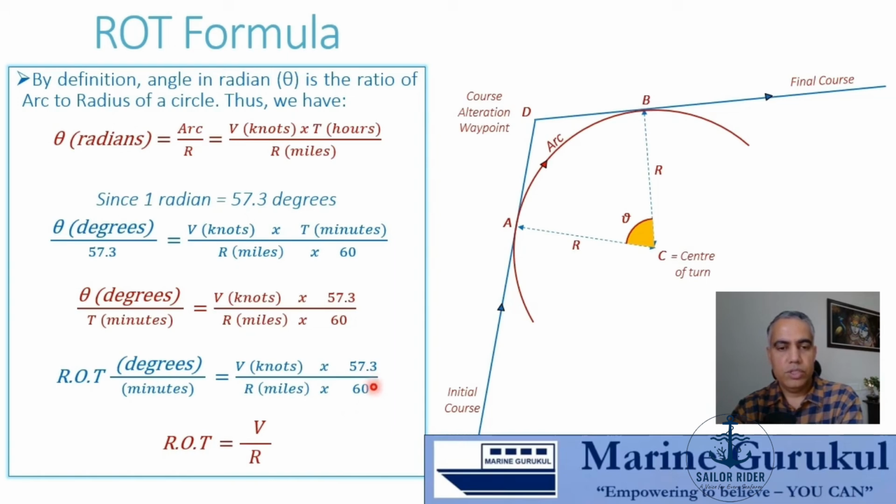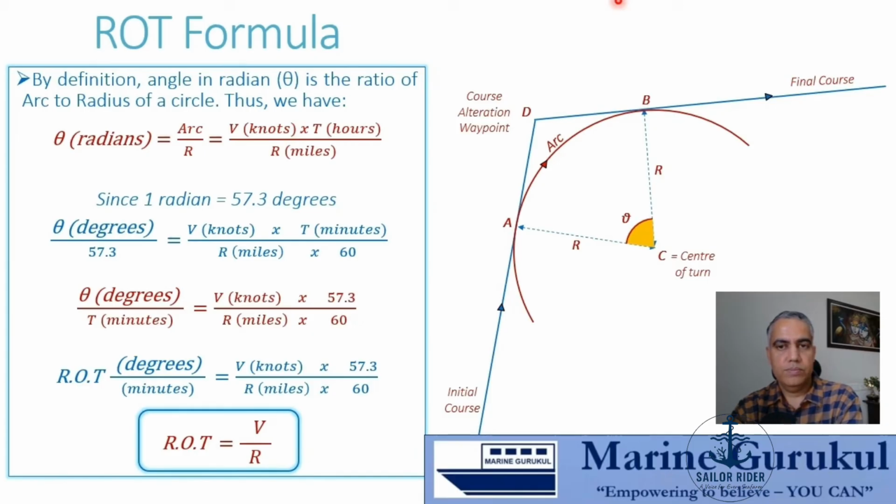So these terms being close, without any appreciable loss of accuracy, can be cancelled out and the formula gets simplified to the rate of turn equal to V upon R. So this is the rate of turn of the ship in degrees per minute. This is the rate at which the ship is turning, and it is equal to the speed of the ship in knots divided by the radius of the turn in nautical miles. So this is the formula for rate of turn of the ship.